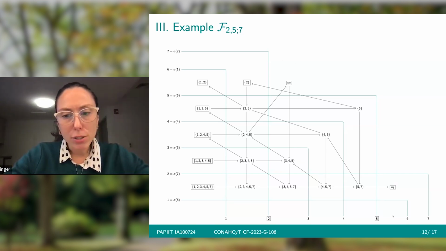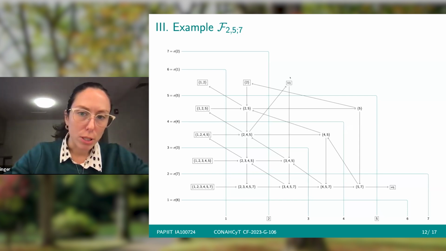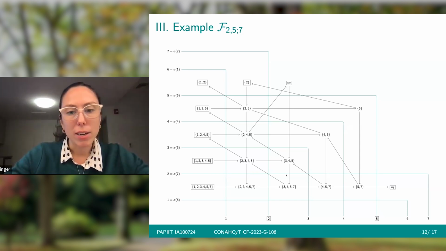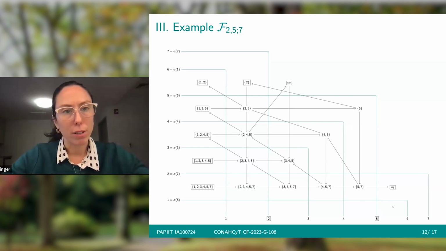Here, I don't have the next region anymore, so this arrow from 5, 7 to what's noted omega 5 here would just be the arrow corresponding to this arrow. And as there is no more region on this side of the crossing, I don't have the other arrow.